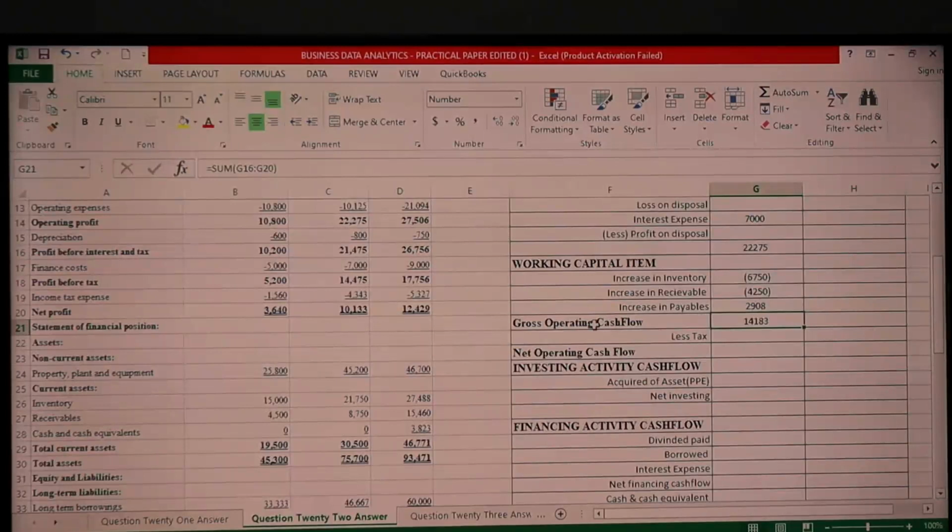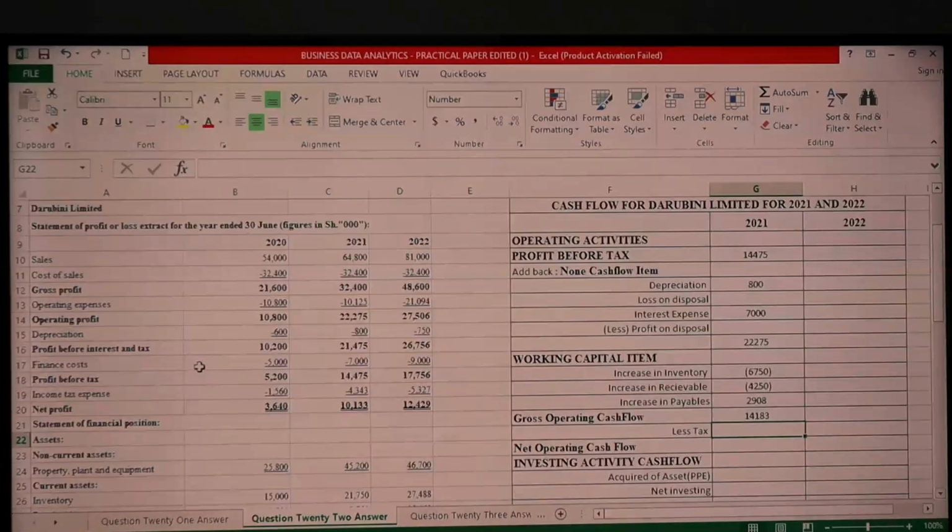Then from there, you're supposed to less tax. So where is tax? Someone pick where is our tax. It's already given somewhere. Tax expense is in which cell? The tax expense for 2021 is in cell C19.